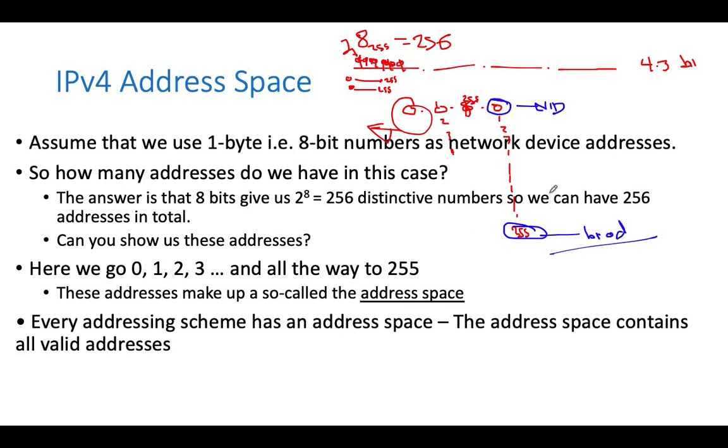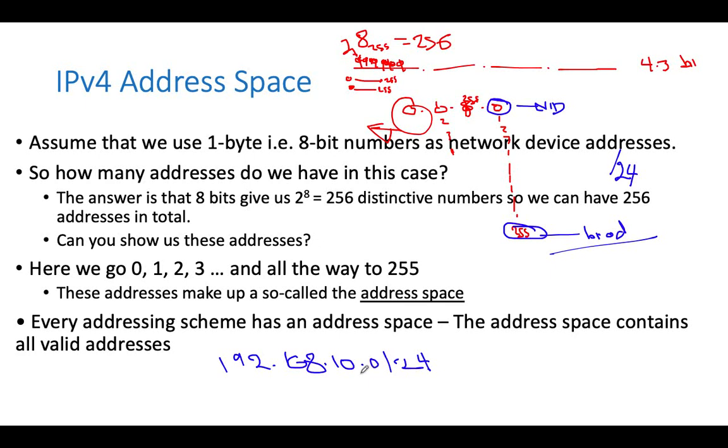So for example, if this is /24 or CIDR 24, it will give me only 256 addresses. For example, 192.168.10.0/24 as a network.